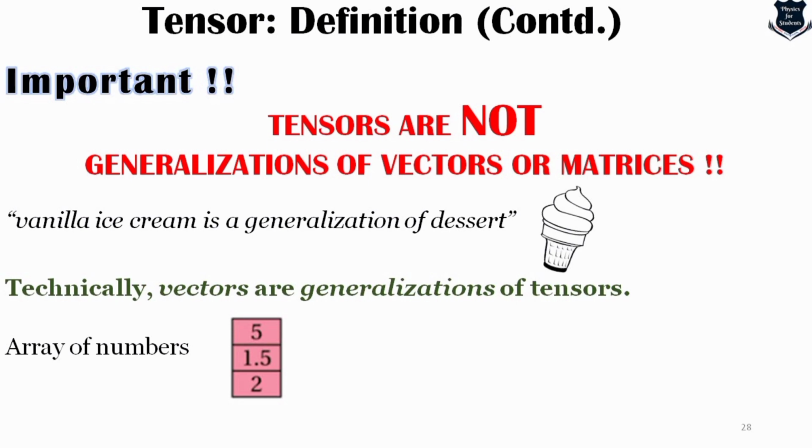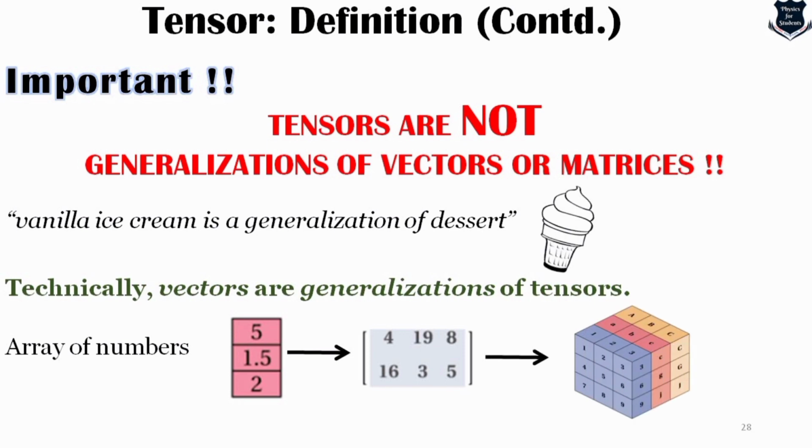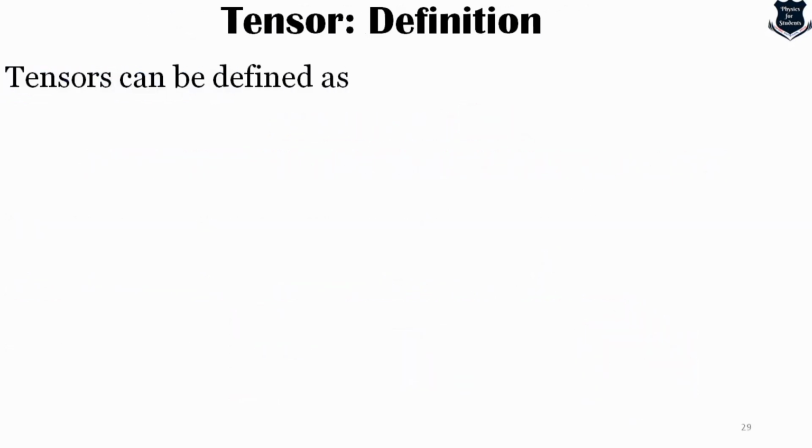We get an array of numbers, from there we make a matrix, and then we immediately get into what we call a tensor. That is the reason we try to say tensors are generalizations of matrices. No, it's a kind of linear map which I have already discussed in my earlier video. This is a note that we should not forget, and we should not misinterpret tensors as generalizations of vectors. We come back to the topic.